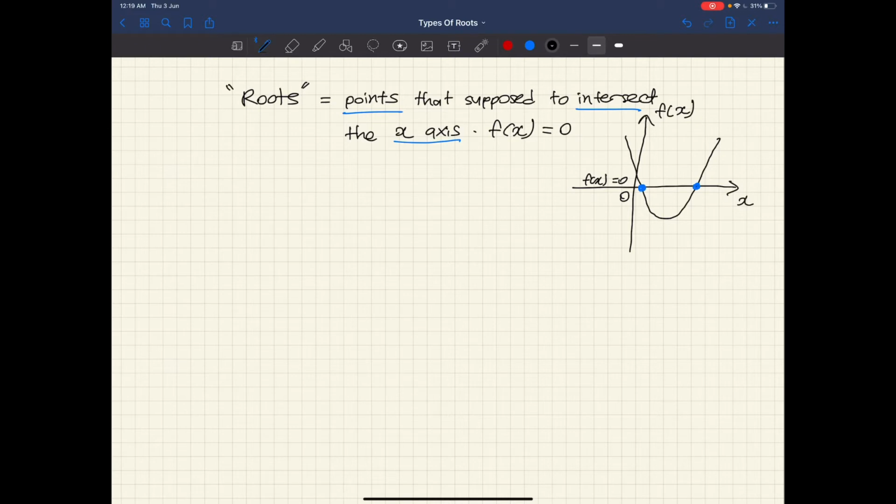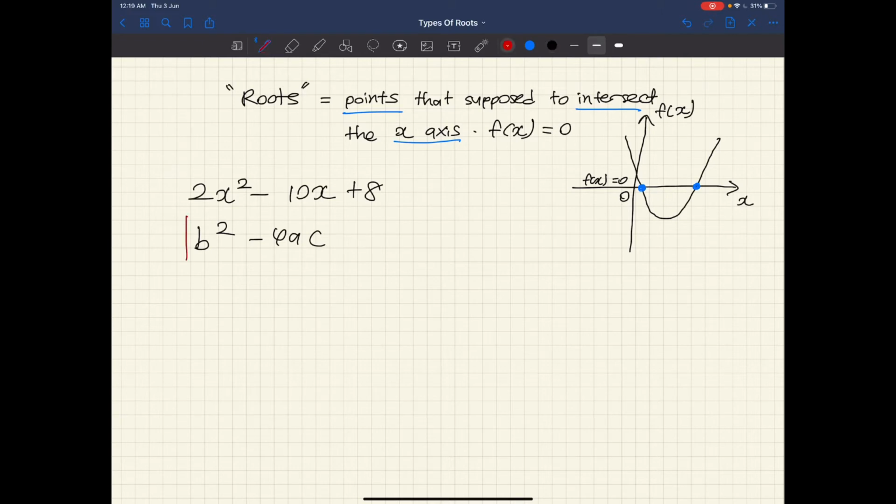Our first example is 2x squared minus 10x plus 8. Alright, and how are you going to define what the roots are in this equation? We start with this formula, which is b squared minus 4ac.